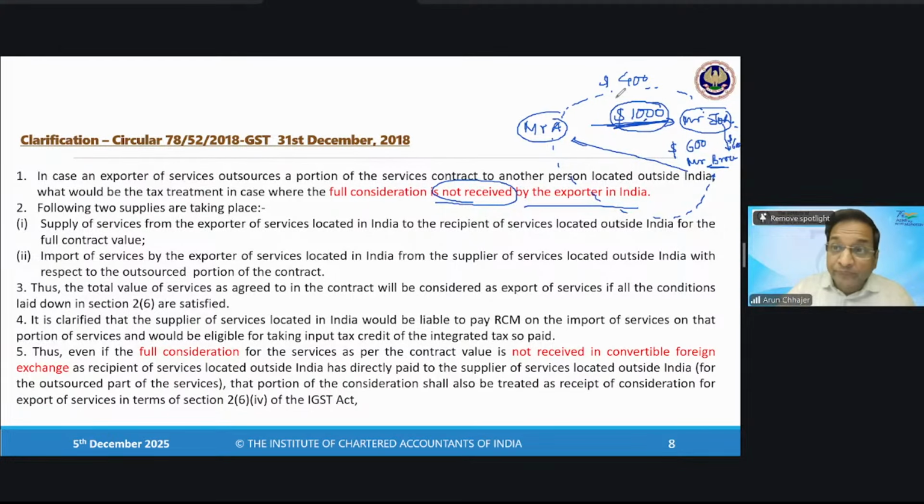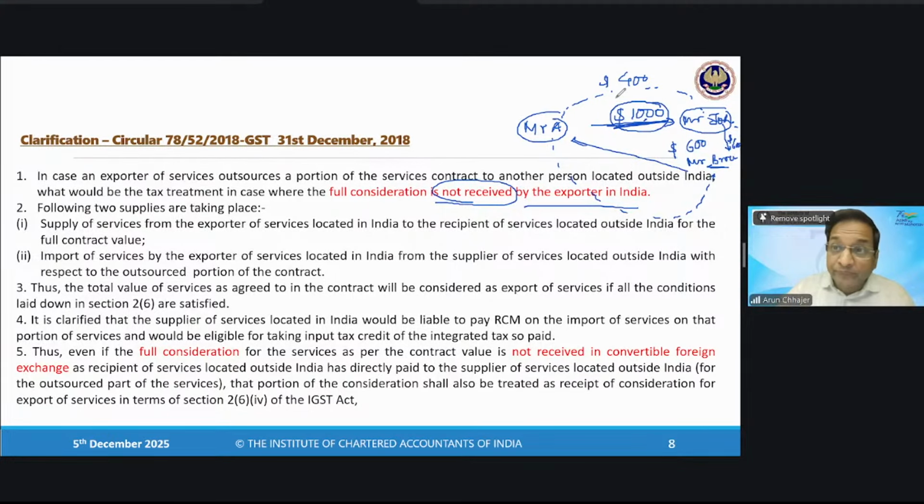Then second is import of service by the exporter of the service located in India, that is Mr. A, from the supplier located outside India, that is Mr. Branch. Therefore, the total value of the service as agreed in the contract, that is $1,000, will be considered as export if all other conditions are satisfied.